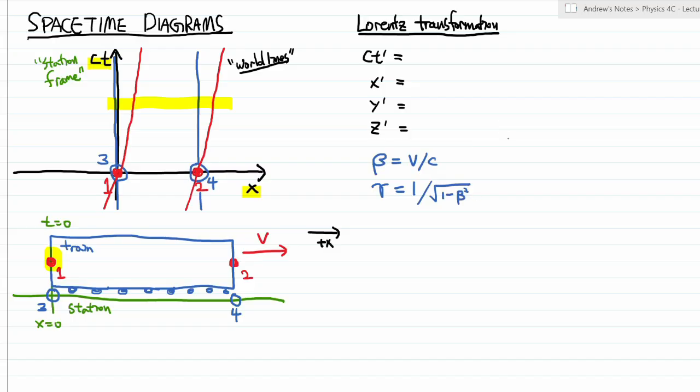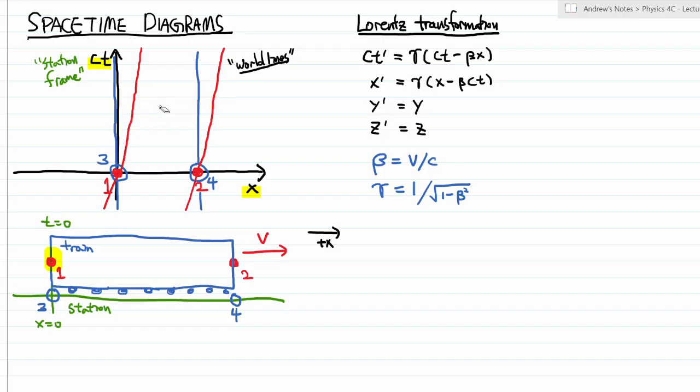With these two parameters, we can write down Lorentz transformation very compactly. ct prime is equal to gamma (ct minus beta x). x prime is equal to gamma (x minus beta ct). In this particular case where the motion is only along the x direction, y and z coordinates do not change.